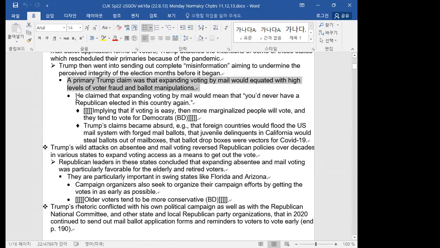Of course, the point was made repeatedly that cases of voter fraud in the modern era are astronomically small, historically in the U.S. I mean, like 1 in millions of votes turned out to be fraudulent. He claimed that expanding voting by mail would mean that you'd never have a Republican elected in this country again.